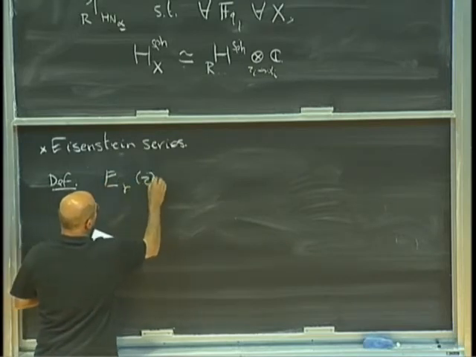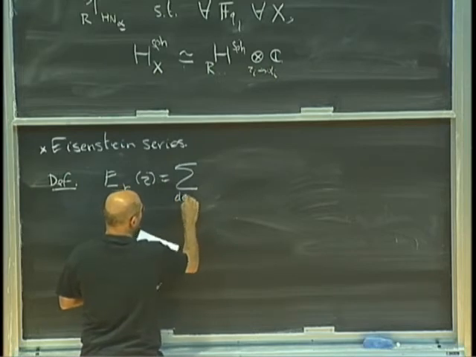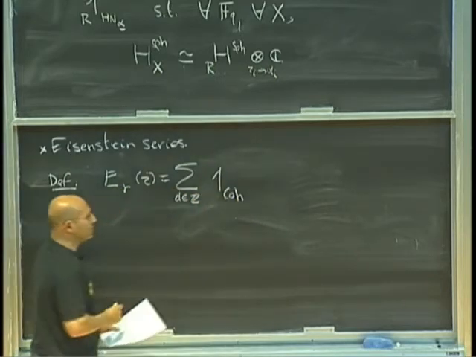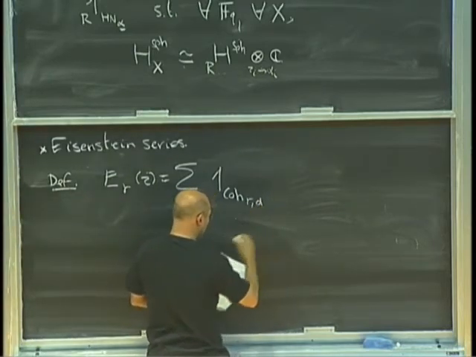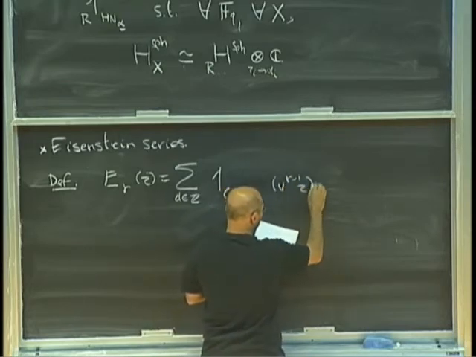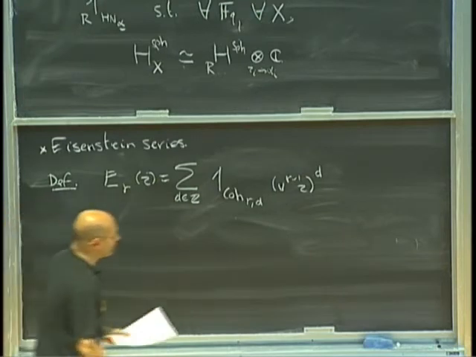Let me define E_R(z) as the sum for all d of the constant function on the whole stack R_d, and I have to renormalize it a little bit.